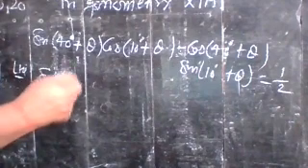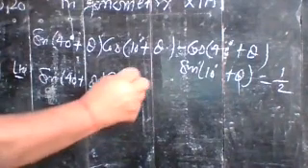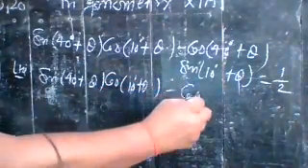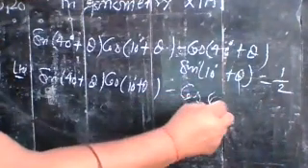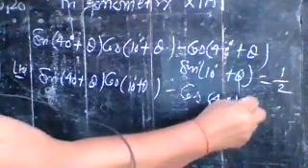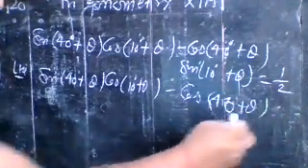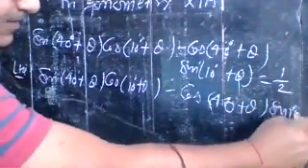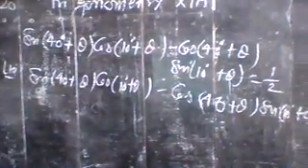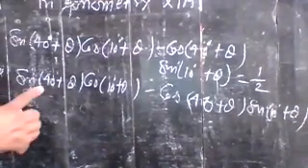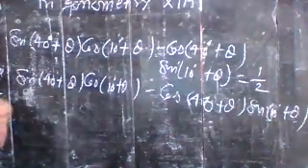Sin(40° + θ) cos(10° + θ) minus cos(40° + θ) sin(10° + θ). So sin A cos B minus cos A sin B is equal to sin(A − B).